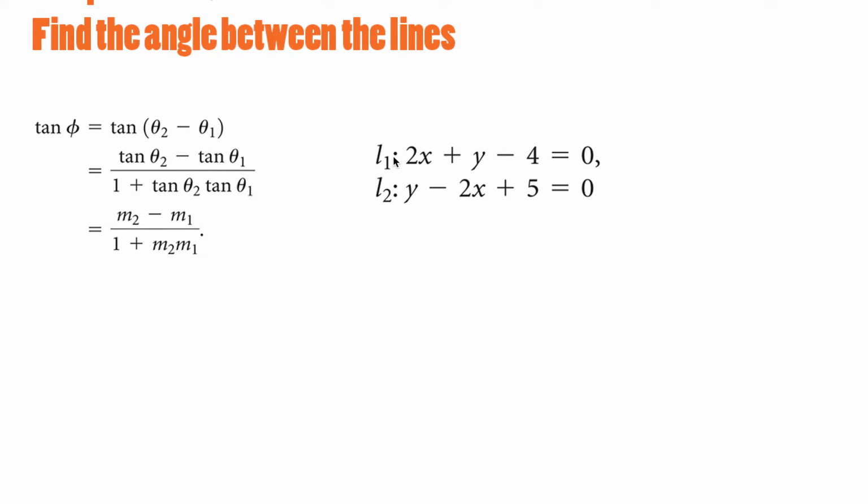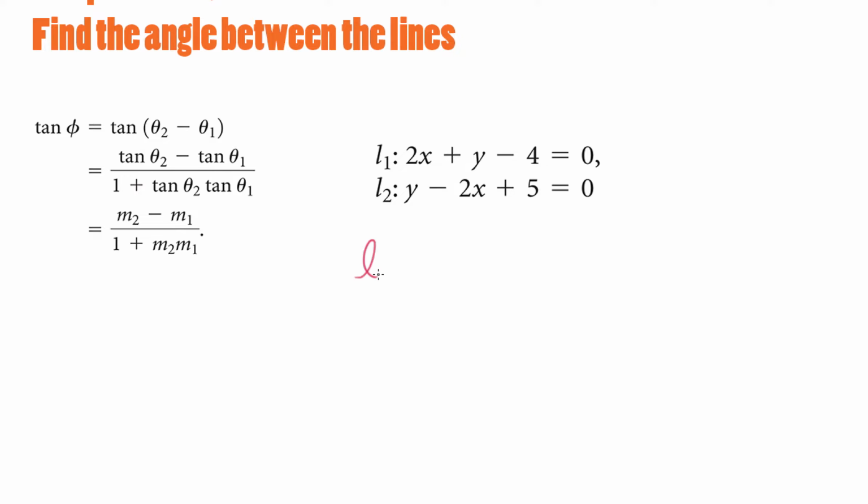So we need to find the slope of these two lines, given that the two lines have these two different equations. Now, in order to find the slope of L1, you need to rewrite this equation in this mx plus b form with the slope and y-intercept.